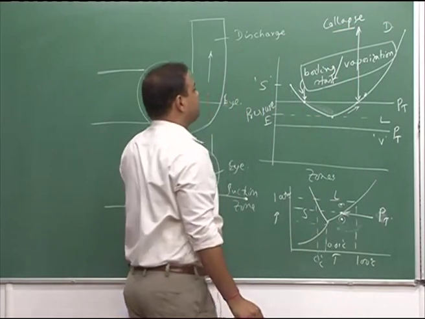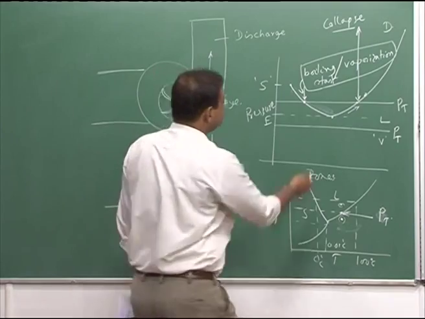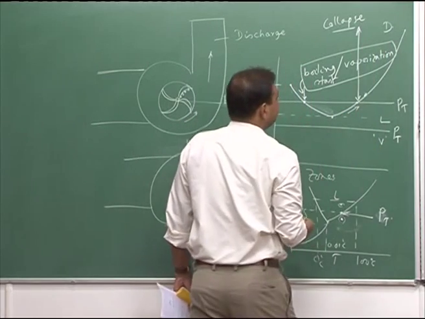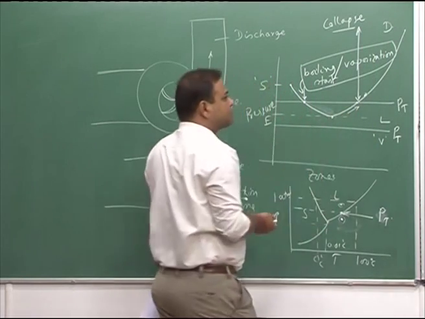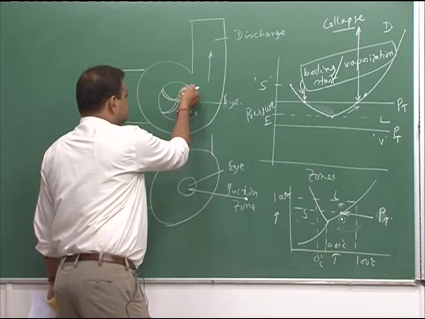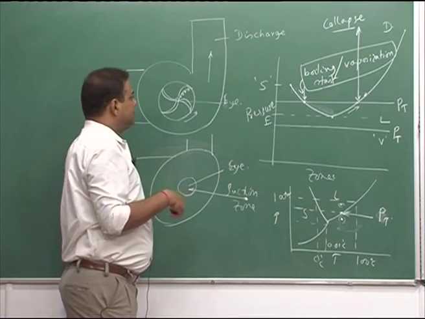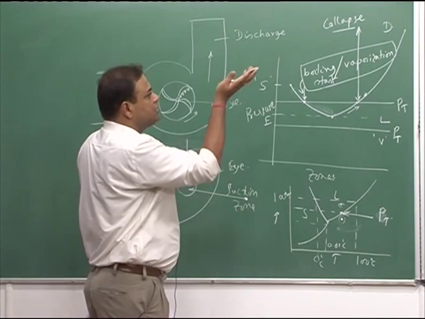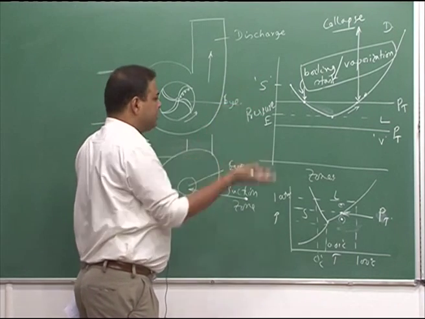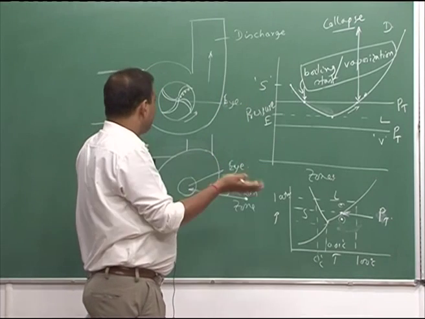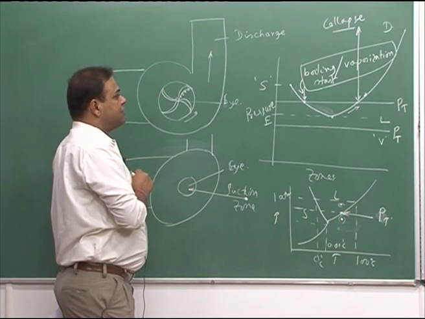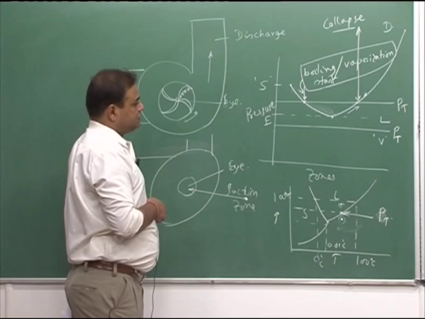The collapse would start from here, and gradually as we go up in the pressure cycle, there will be more and more collapse on the impeller blade wall, and there would be shock wave creation due to the water column falling suddenly onto the surface of the metal, and the cavitation damage would start.